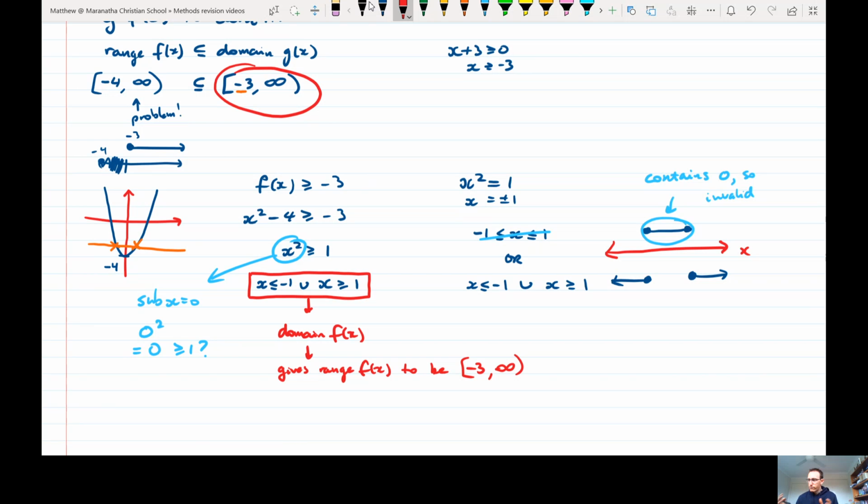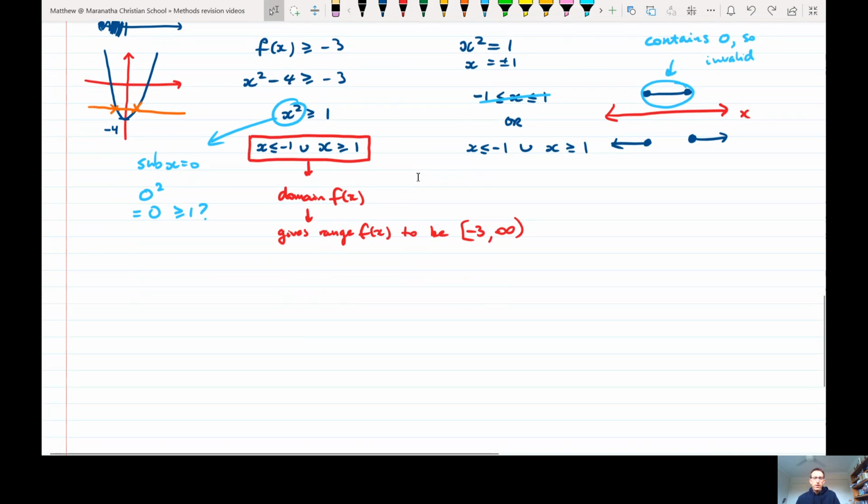That was the point. We're trying to restrict f so that the range will then fit in g, and we've just done that.